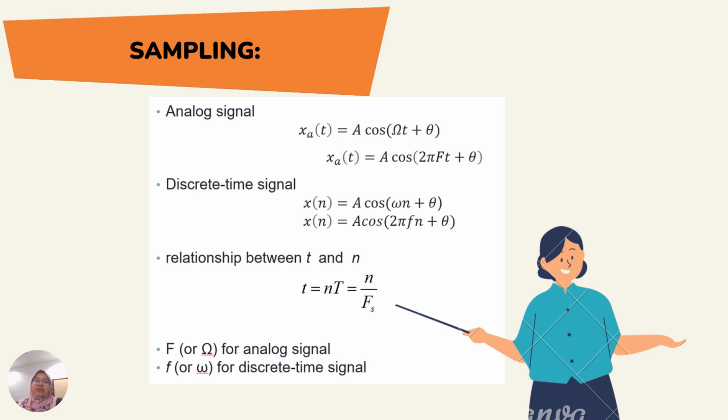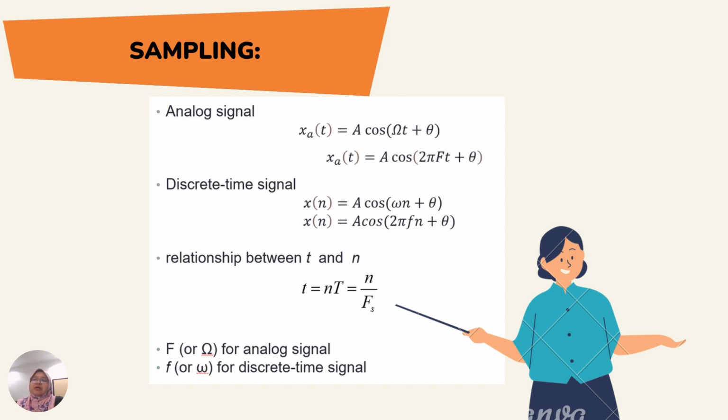As you can see, the definitions of the signals are very similar, but there are differences in how to differentiate between the analog and the digital signal. The components are similar.